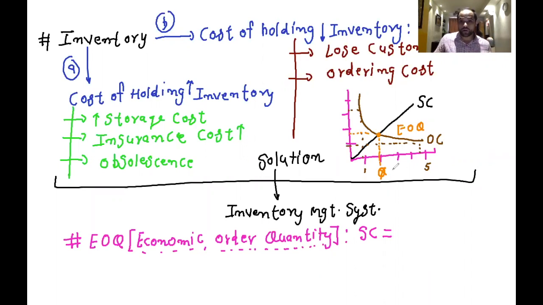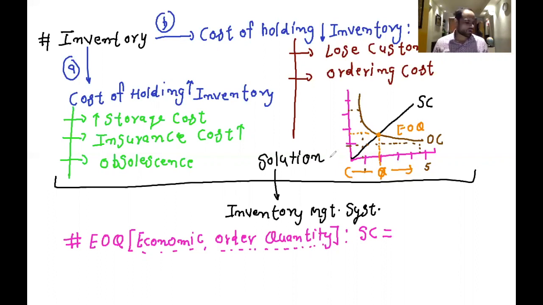Why? Because if you go beyond this quantity, if you increase it, your storage cost increases. If you order less than this, your ordering cost will increase. All right, so that's why this graph represents economic order quantity.